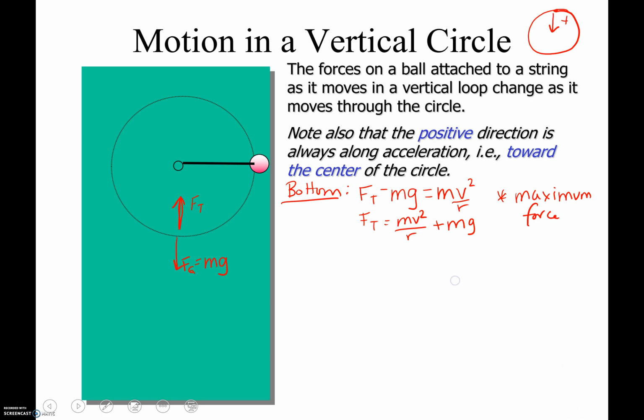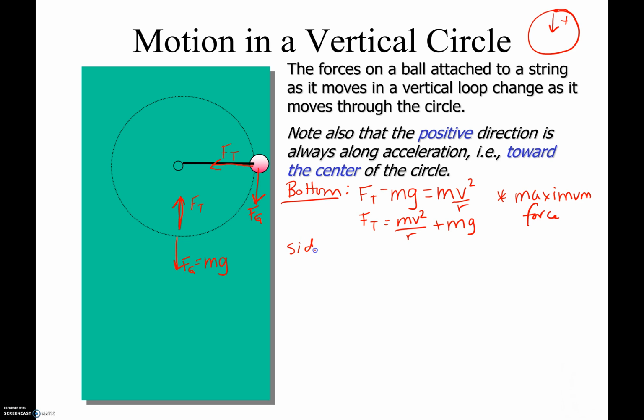Now let's move to the side. If I'm at the side of the circle, while my force of gravity is still straight down, it's not in any way affecting our center force or our force of tension. Anytime we have forces that are on separate axes, they don't affect each other.